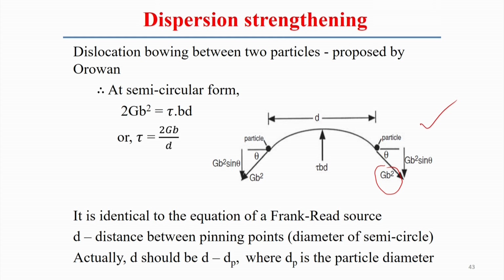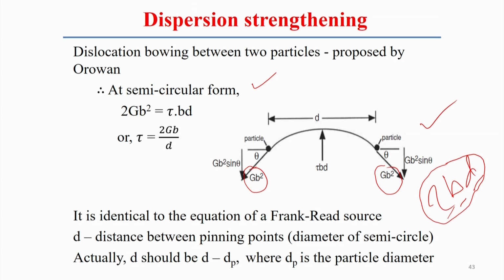If we assume this side is Gb², then in the semicircular form, this dislocation of length D is subjected to the force τbD. b is the Burgers vector here, D is the total segmented length of the dislocation, and τ is the shear stress. That indicates the force that tries to bow the dislocations around the particles.